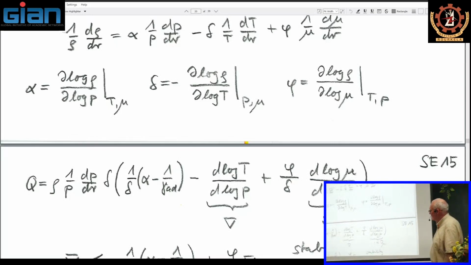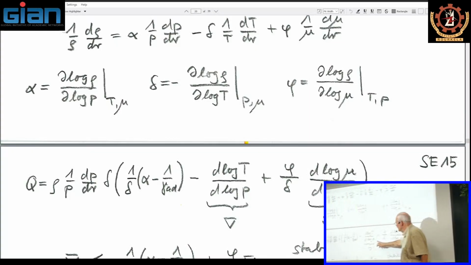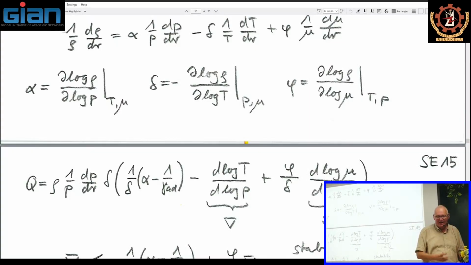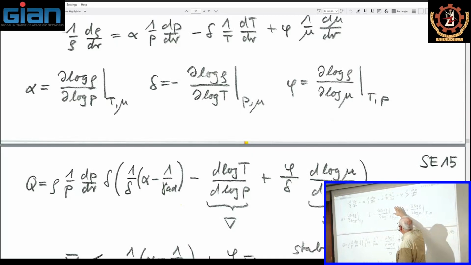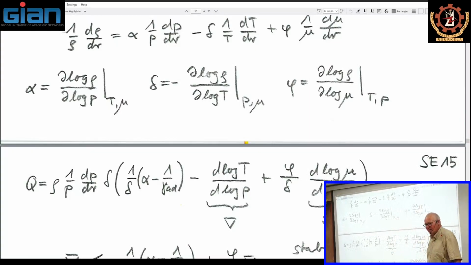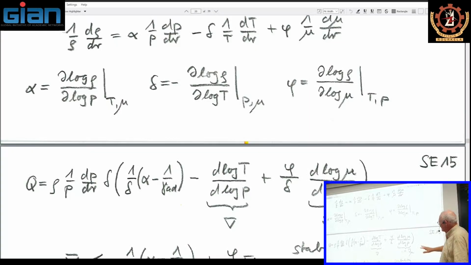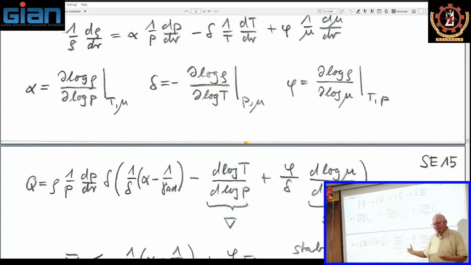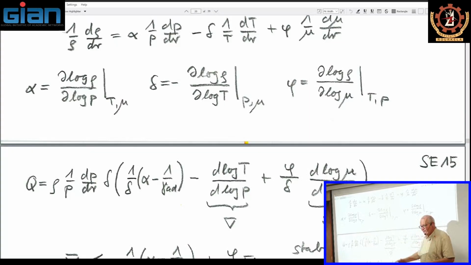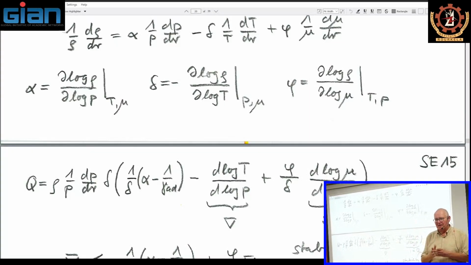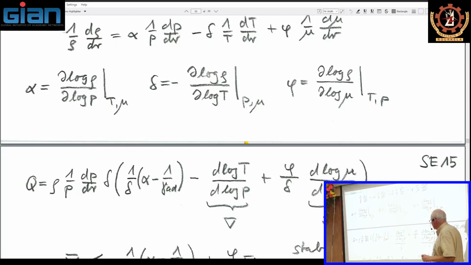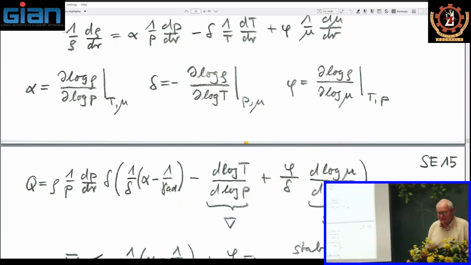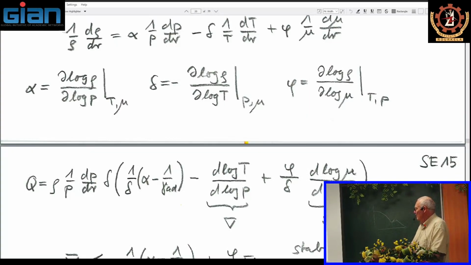This is a new quantity. Now, these two quantities are related to an actual stellar model. So they refer to the temperature gradient and the gradient of mean molecular weight. Therefore, this has to be regarded as a derivative which is taken for a specific stellar model. This is our definition of nabla, and this is the newly introduced nabla mu, also referring to some stellar stratification or some stellar model.